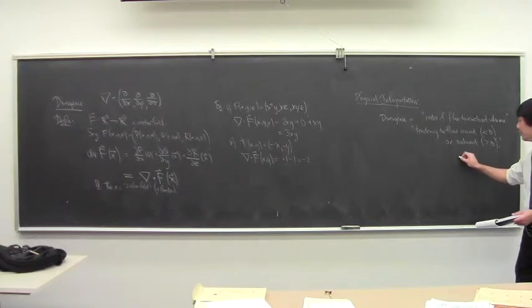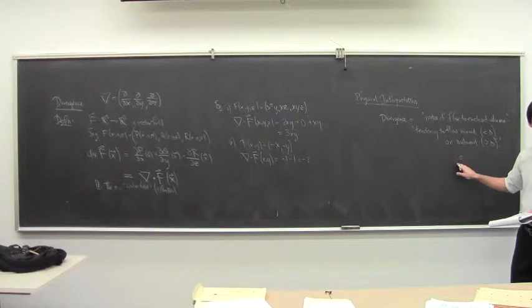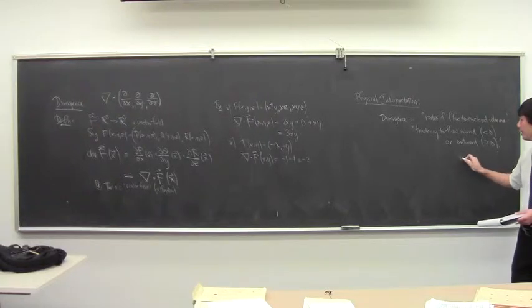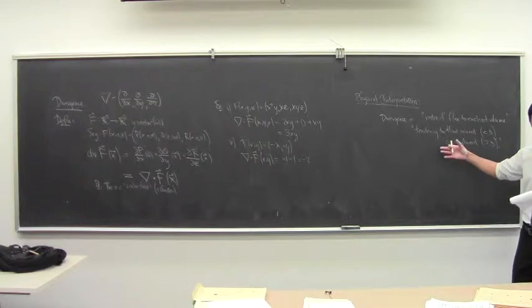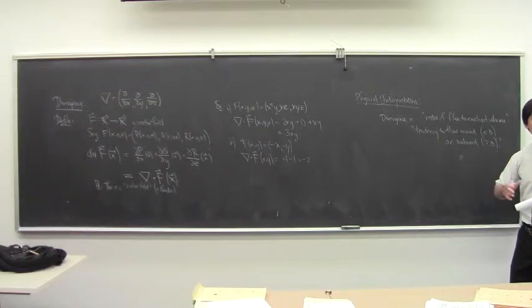The idea is like this: you take a tiny box, a small box, and you put it in the gas. And what you measure is, if the divergence is negative there, then that means that gas is flowing into the cube. More gas is flowing in than is flowing out. If it's positive there, then more gas is flowing out than flowing in.